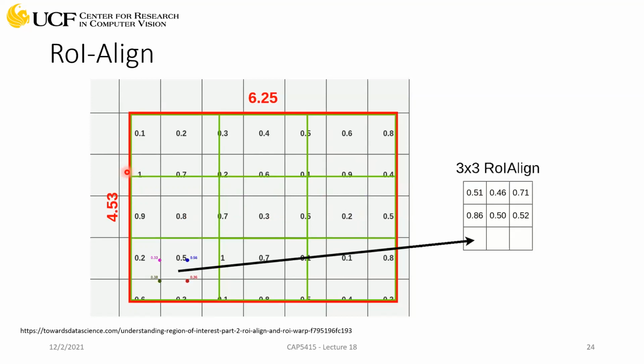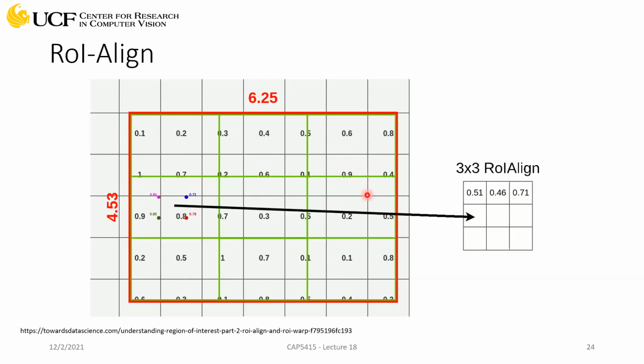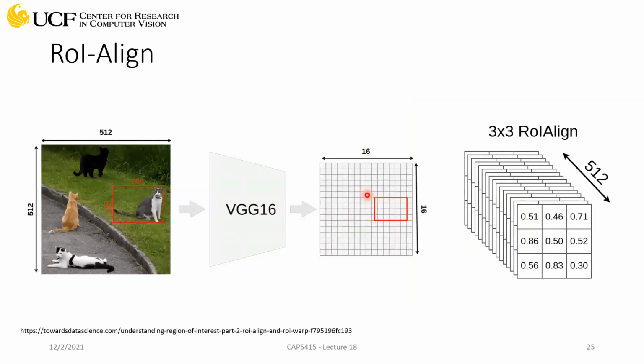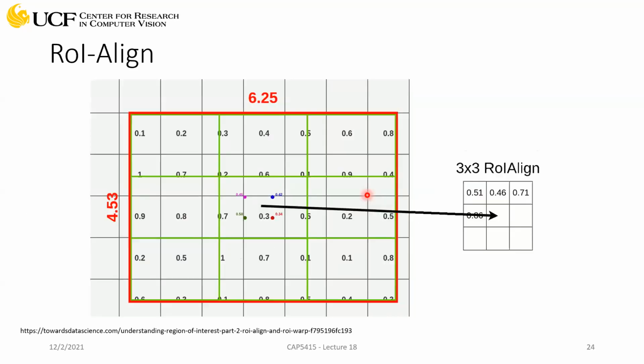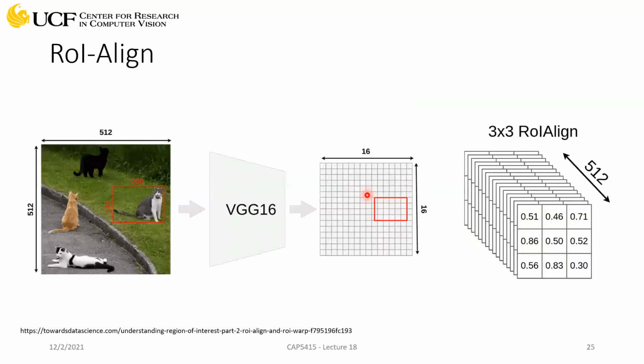It's covering some context, but the good thing is you're not losing anything, and your boundaries are very precise. So yeah, that's the whole idea about ROI align. As I said, it was a pretty interesting idea. This paper got the best paper award at one of the top conferences, which is pretty good.